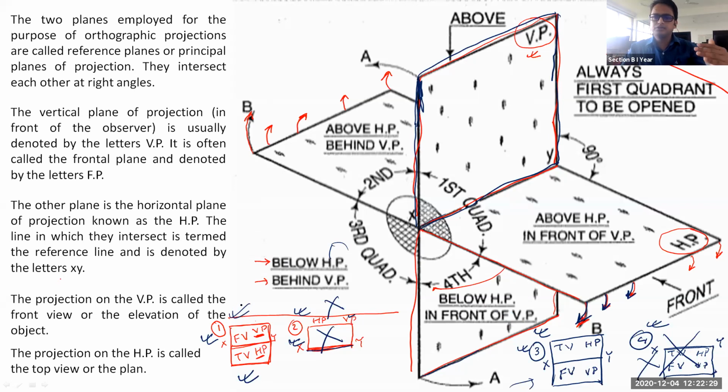In countries like US, Europe, they follow third angle projection method. Okay, so it will be more clear when we will see few more examples. So by this time you know how to open the plane, and I hope it is clear to all of you. Okay, we will see few examples for this. Don't worry.